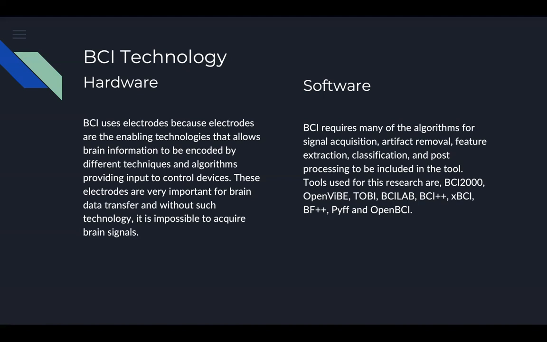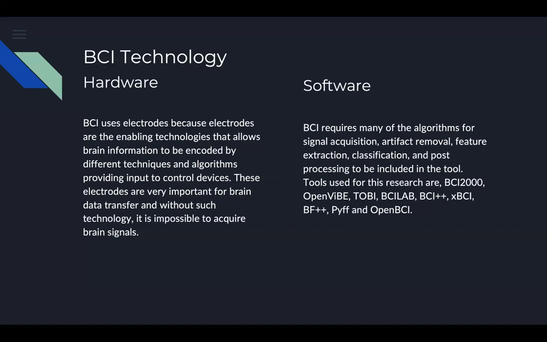Electrodes, as I have discussed, are used in the EEG or ECoG to get the information from the brain. Then we have a system which is hooked up with it, which receives the information from the electrodes and puts it on the software.